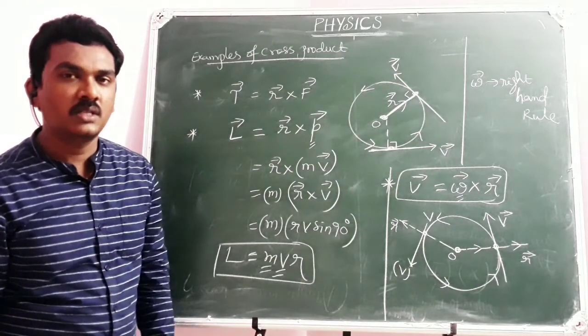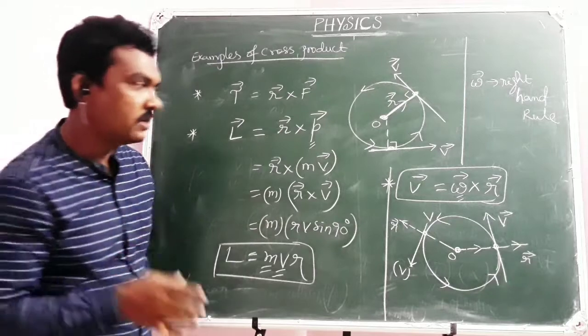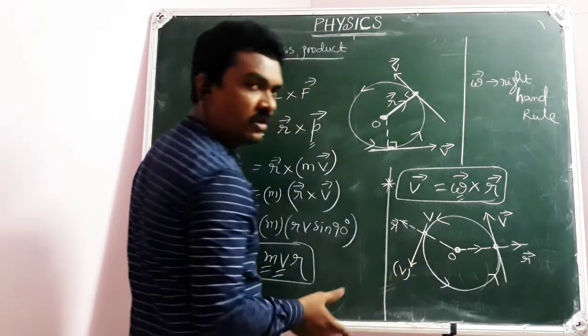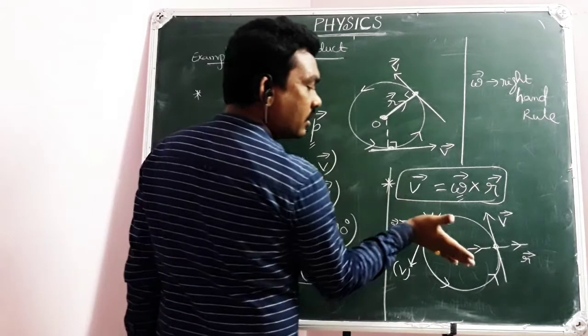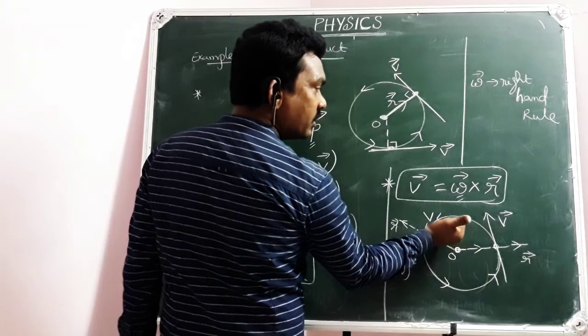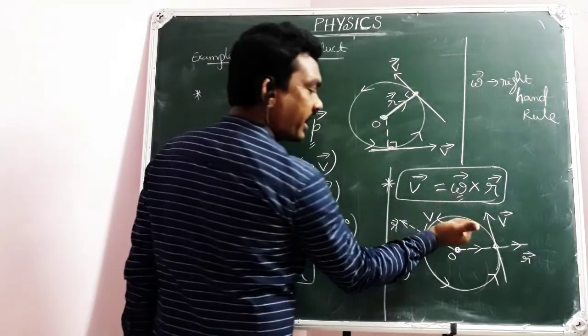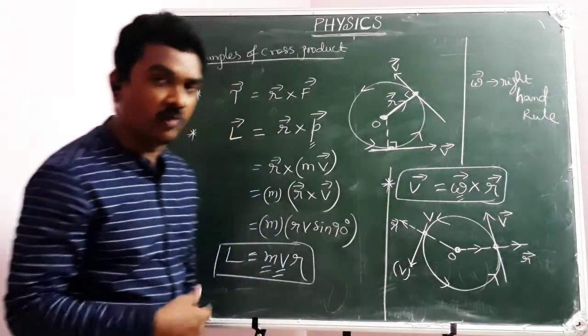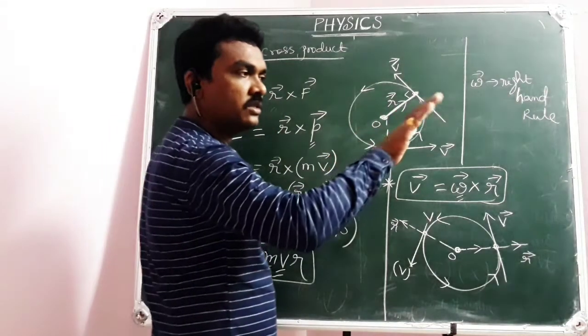You have learnt earlier. Sir, how to apply the right hand rule? Very simple. You see, this particle is moving in anti-clockwise direction here. So take your right hand, curl the four fingers of your right hand in the direction of rotation of the particle. Then the thumb indicates the direction of angular velocity. Sir, my particle is rotating clockwise. Yes, rotate like this.